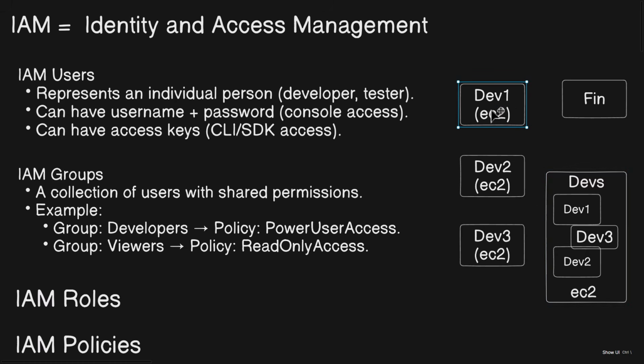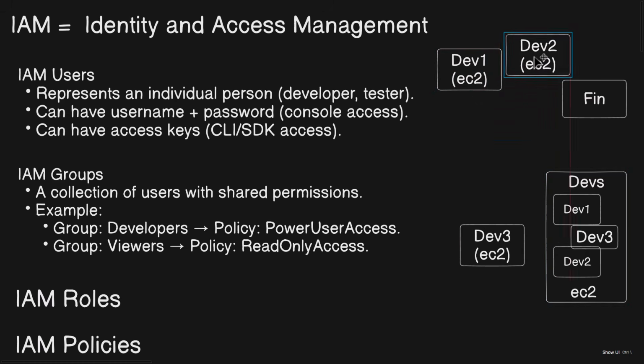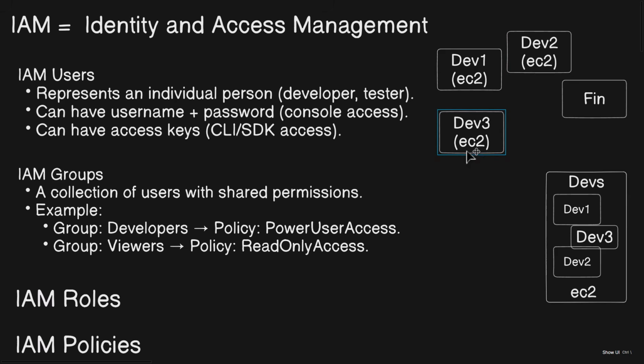So rather than going by this approach wherein you are managing every individual user and assigning policies to every individual user, you create a group, you assign the policy to this group, and you add all the like-minded people or people with similar roles inside. Now tomorrow if I want to add one more permission, let's say along with EC2 I want to give S3 access as well.